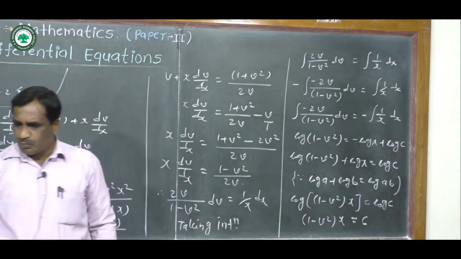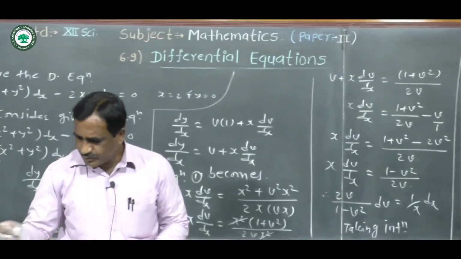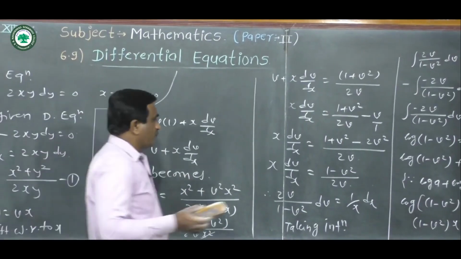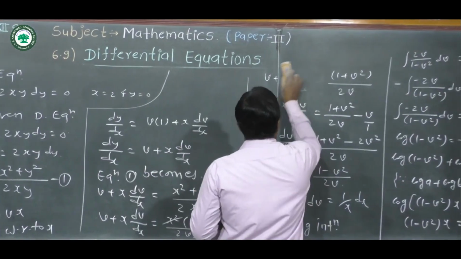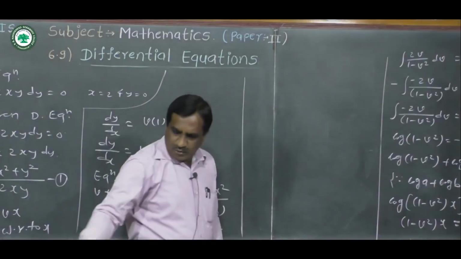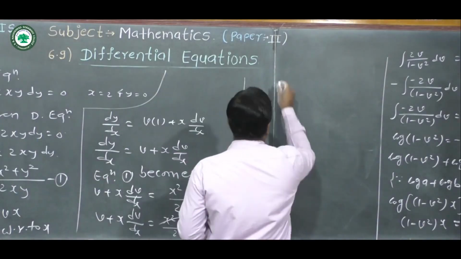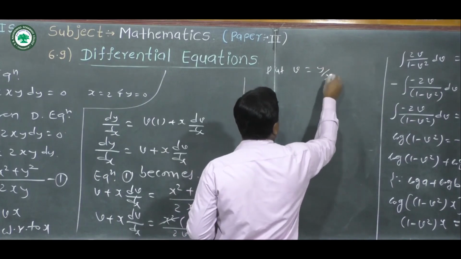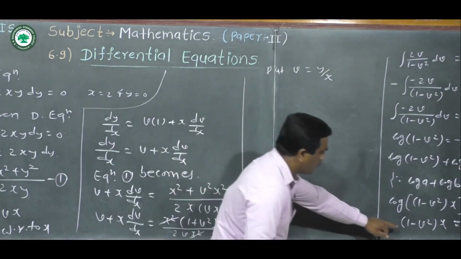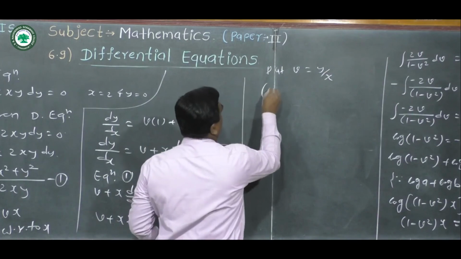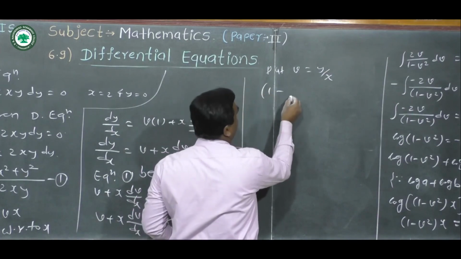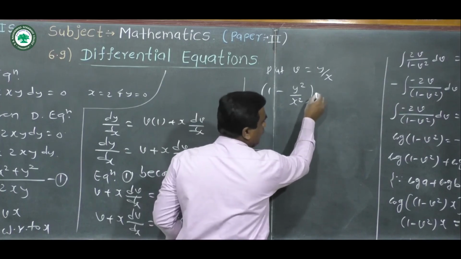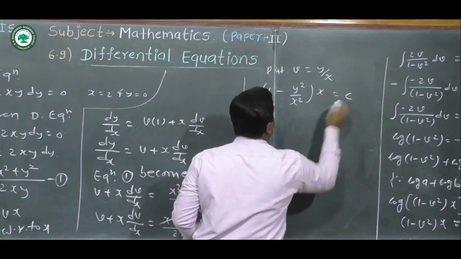Okay, now we put value of v here. Put v equal to y upon x. Therefore this equation becomes 1 minus v square means y square upon x square into x equal to c.